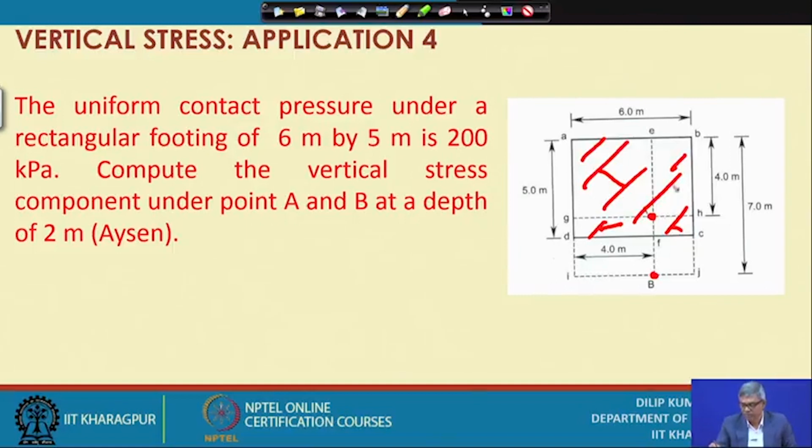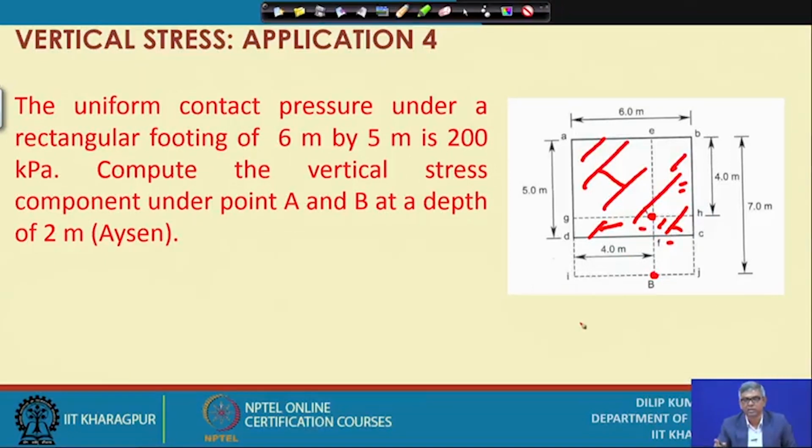If I consider this rectangle, this will be a, so a becomes 4 meter, and this will be b, which is 2 meter. If I know a and b, then I can find m and n, and then go back to the equation and calculate the pressure at this point. Similarly, when I consider this area, a is this one, 2, and b is here, 1.